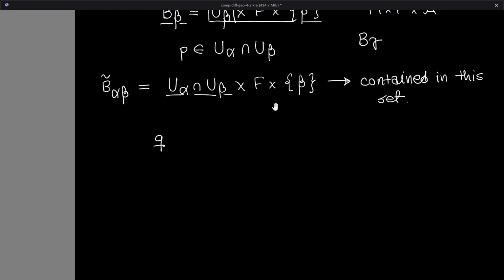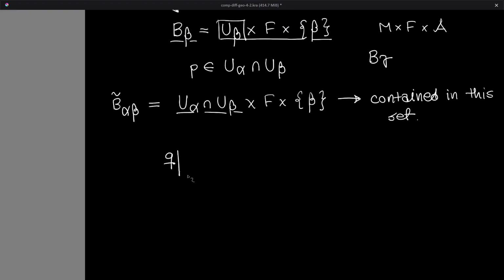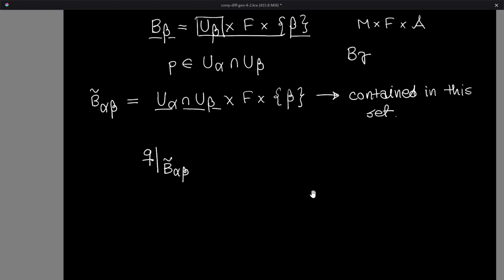We're taking the Q inverse here, restricted to B tilde alpha beta. If we restrict this to B tilde alpha beta, then we can conceptualize this as Q after R, where R is some restriction function. R's only job is to restrict Q to an appropriate domain, which is this set.